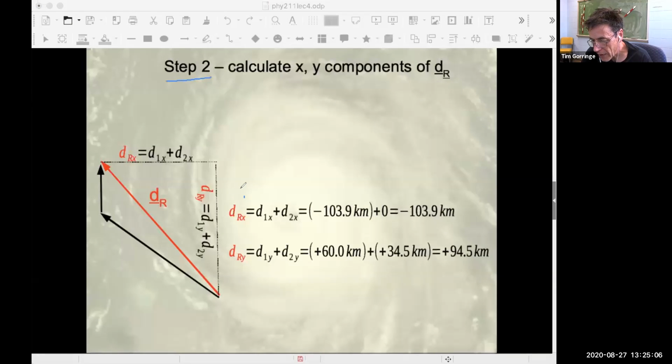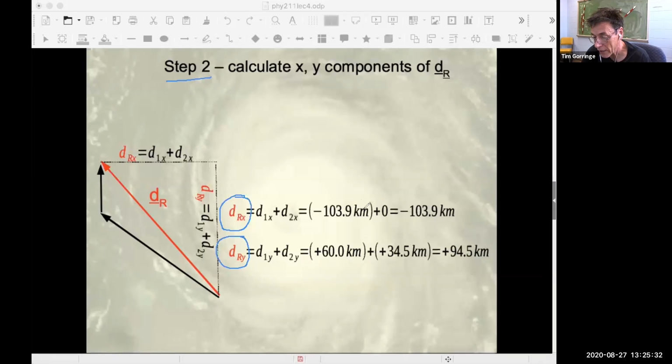I'm going to figure out the resulting vector's x component and y component by adding together the x components of the two individual vectors, and adding together the y components of the two individual vectors. That addition of vectors is straightforward.